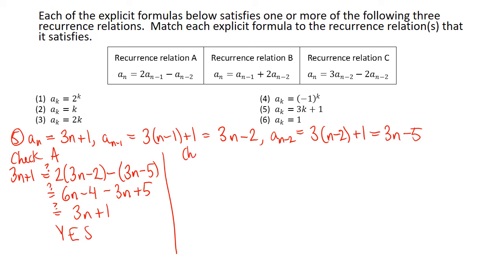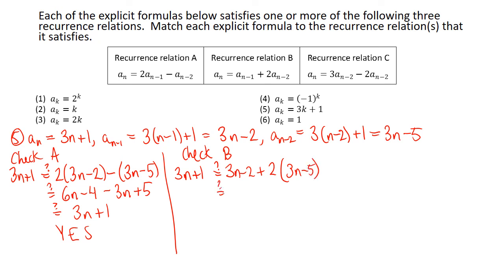Now let's check B. Here I'm checking if an equals an minus 1 plus 2 times an minus 2.